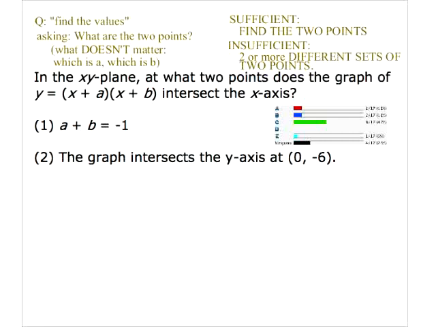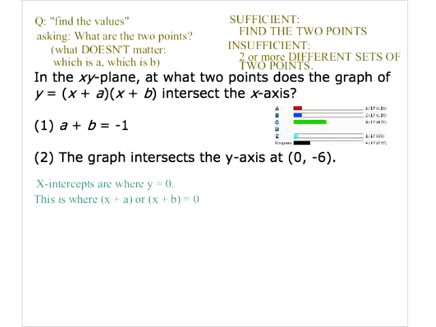The x-intercepts are where y is 0. No, not 9, 0. Okay. But here you have factors. So this is where x plus a or x plus b is 0, in other words, negative a or negative b.